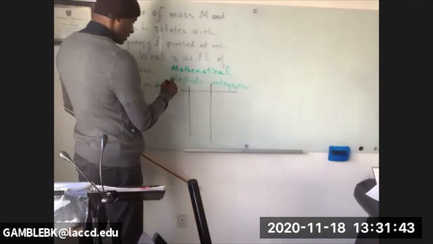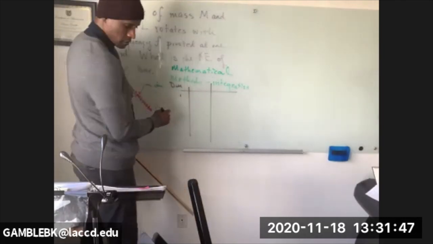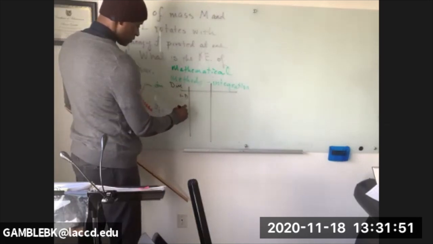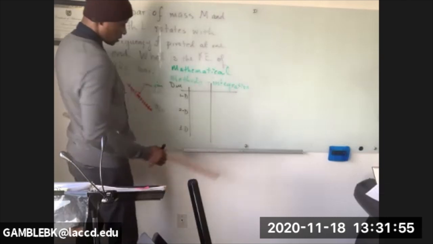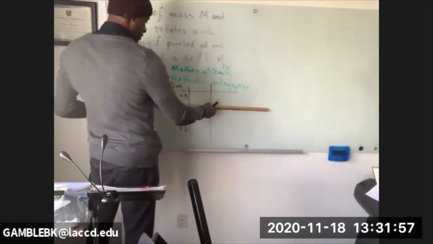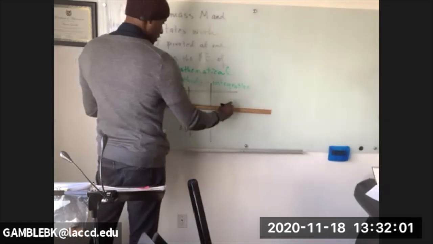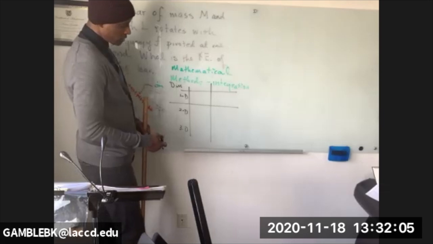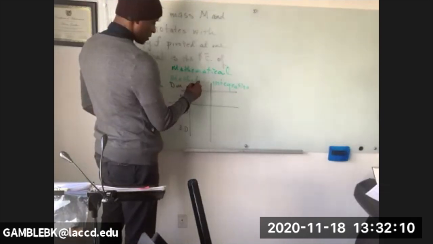So here we'll put dimension, and the first one-dimensional, two-dimensional, three-dimensional. For one-dimensional objects, we use a linear mass or linear charge density. Mass is distributed over a line. And the symbol that we use for the mass density is lambda.